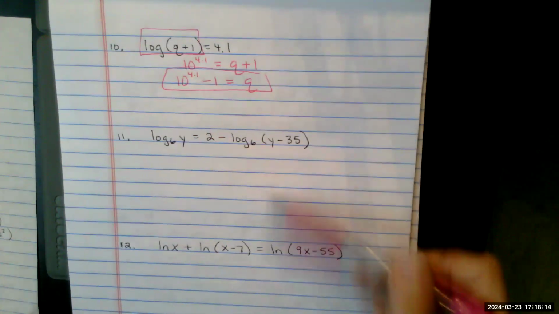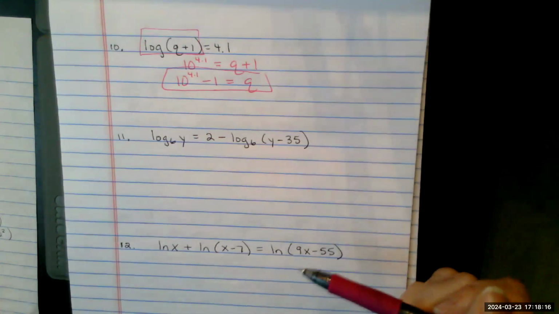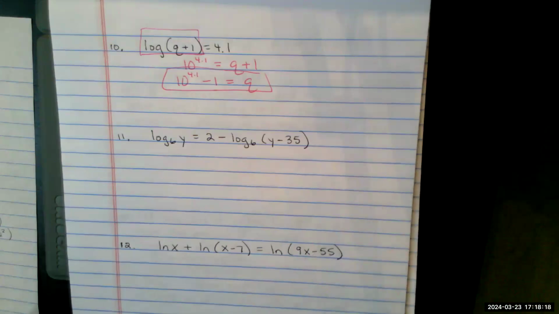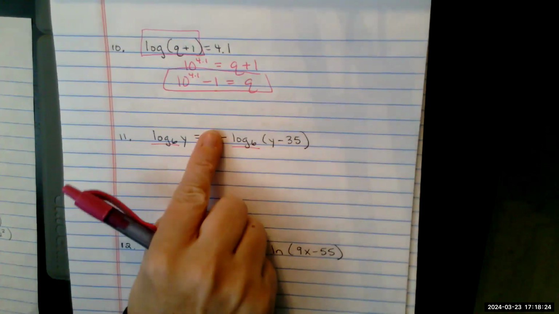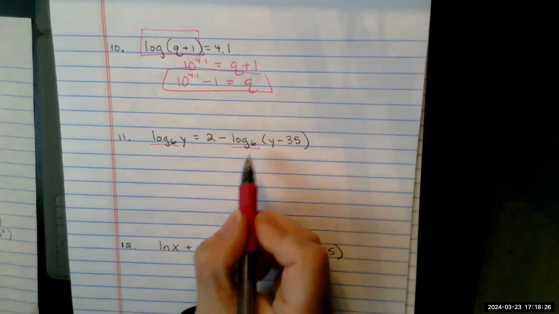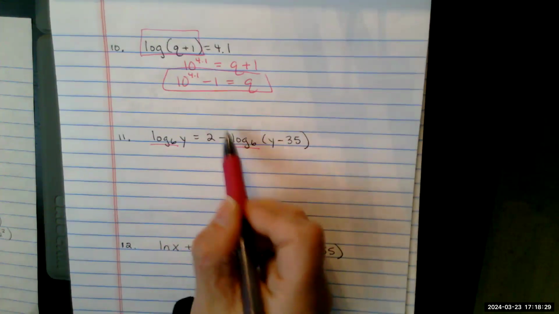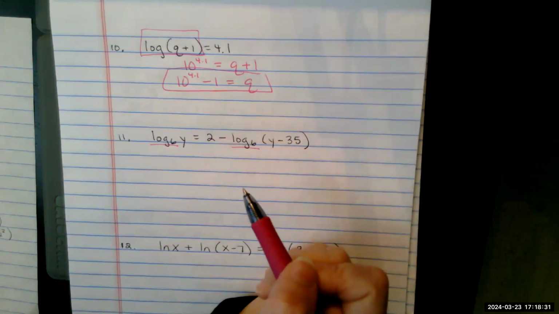Okay, these are the most complicated because we have more than one log, but they don't equal each other. So remember earlier we had a case where we had like a log 6 and a log 6, but that's all we had, so we could ignore them. This one becomes more complicated when it has that extra part right there.